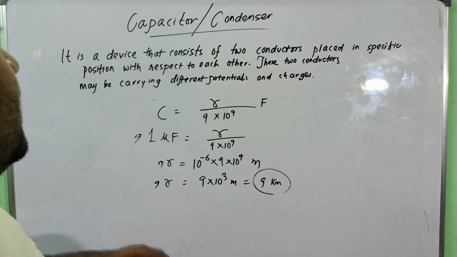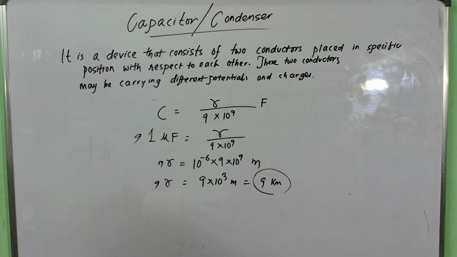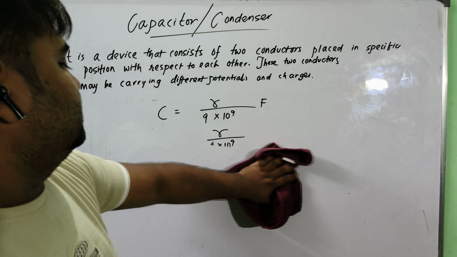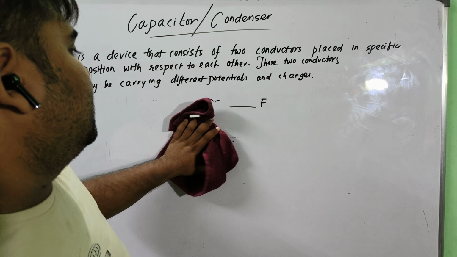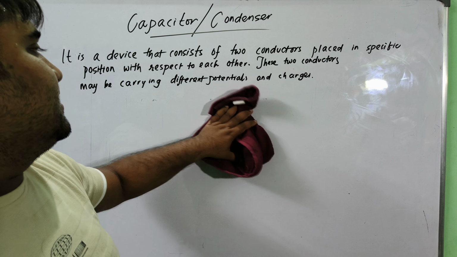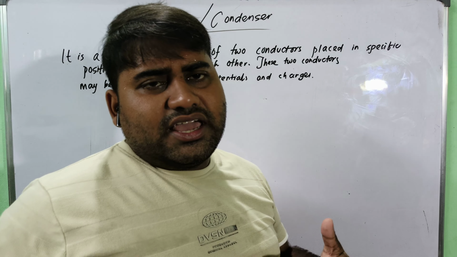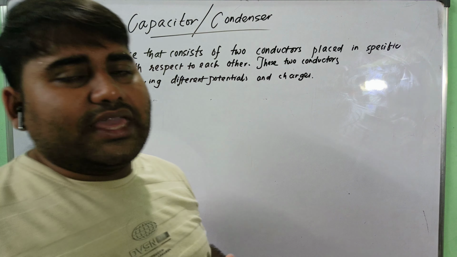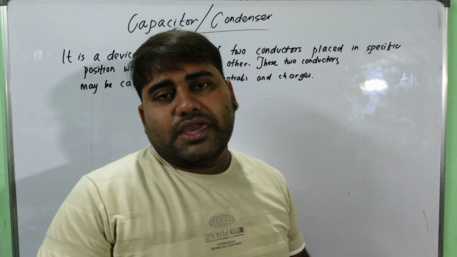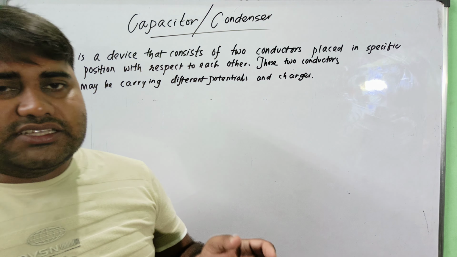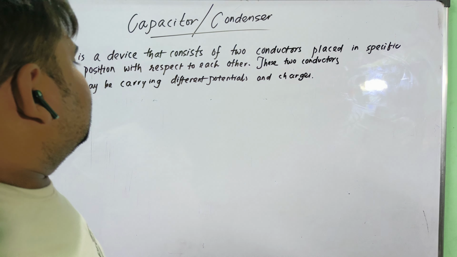So let us now learn the concept of a capacitor. We have learned the definition of a capacitor. It is just a device that consists of two conductors. They are placed in specific positions with respect to each other, and they may have different potentials and different charges. They may be charged up differently.